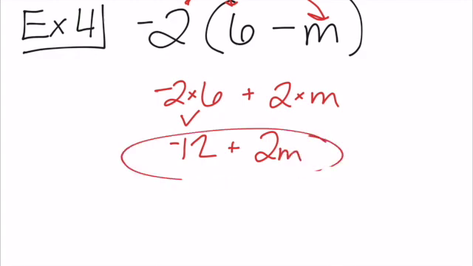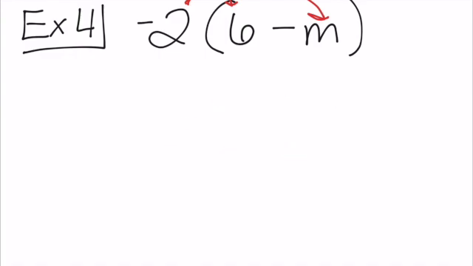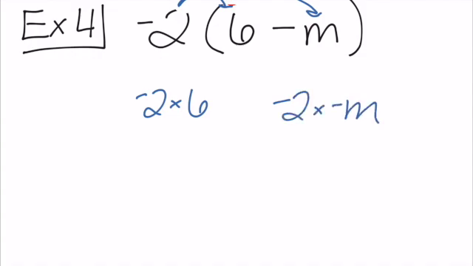Did I lose you there? Let me go over it one more time. Let me get rid of this here. Okay, see you again. Negative 2 times 6. And I'm going to share it over here. Negative 2 times negative m. Now, negative 2 times 6 is negative 12.